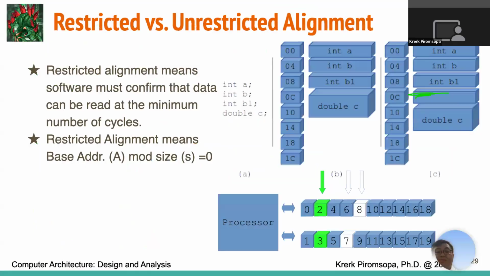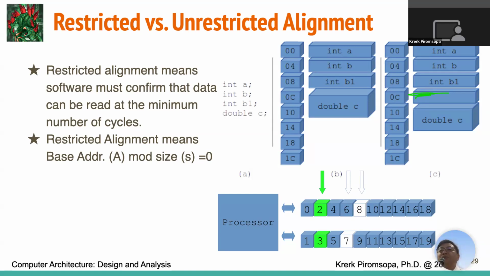Of course, new architectures would prefer to go with stricter alignment because it's faster. But older architectures, Intel for example, may go with unrestricted alignment.